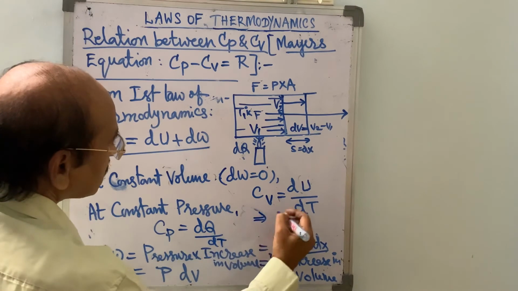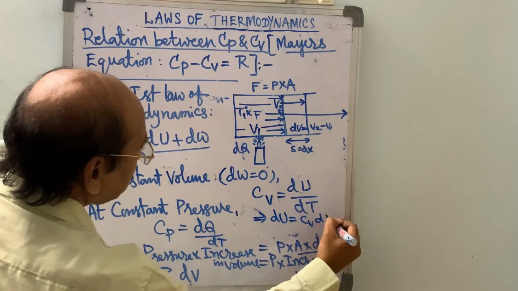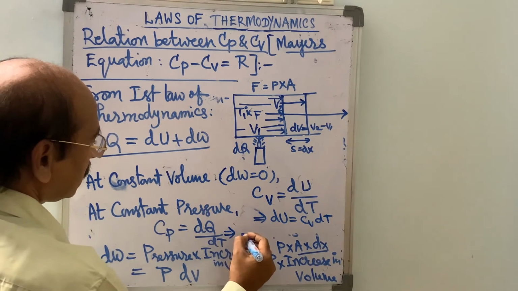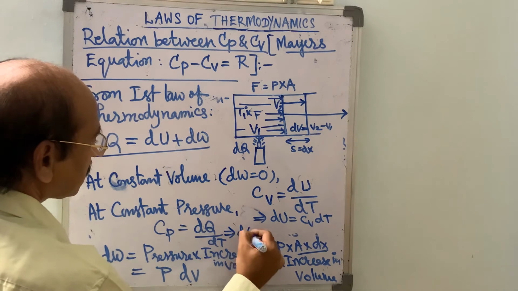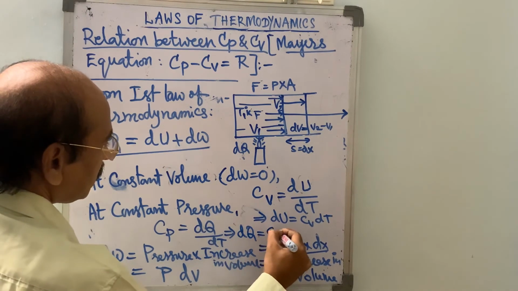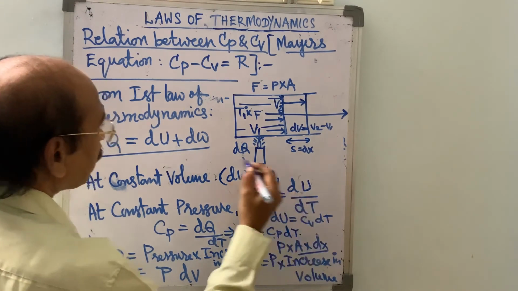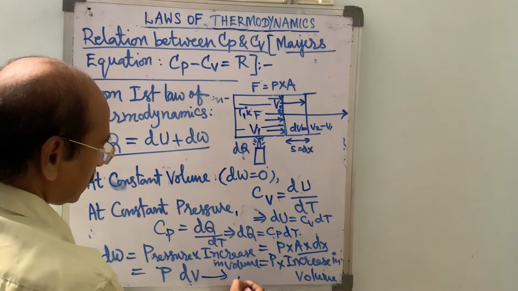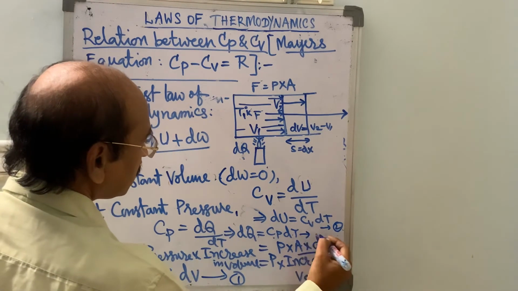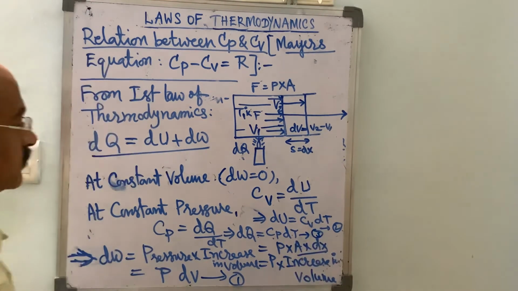So from these expressions, dU is equal to Cv dT, and dQ is equal to Cp dT. Let these be equations 1, 2 and 3.